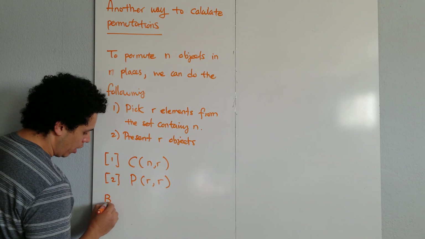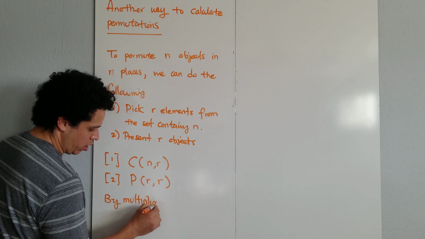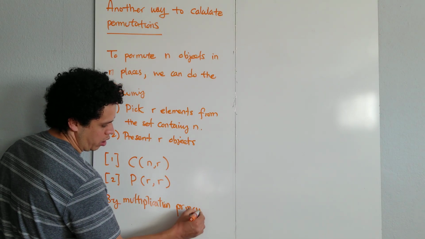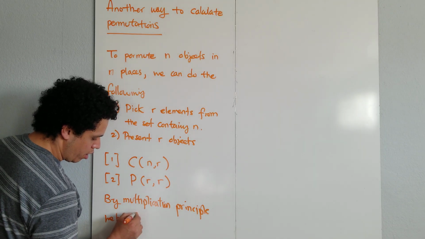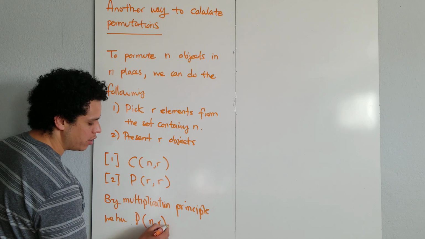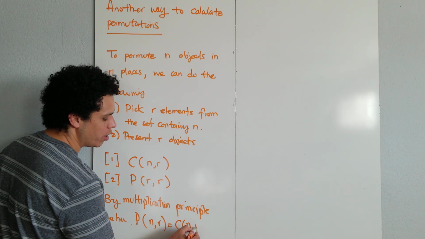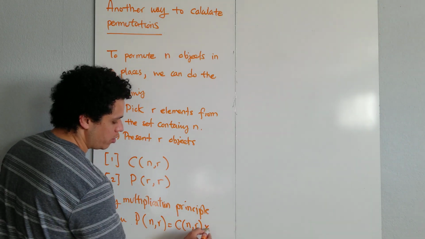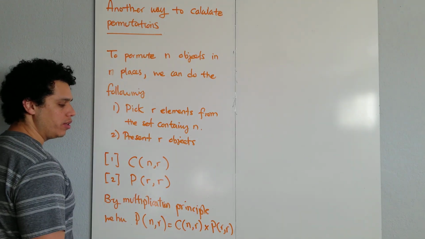So by the multiplication principle, we have that the permutations of n objects in r places is the same as the number of combinations of r objects out of n times the number of permutations of r elements.